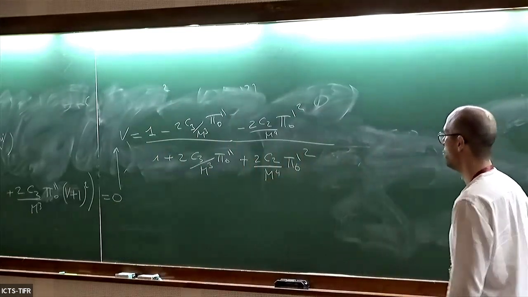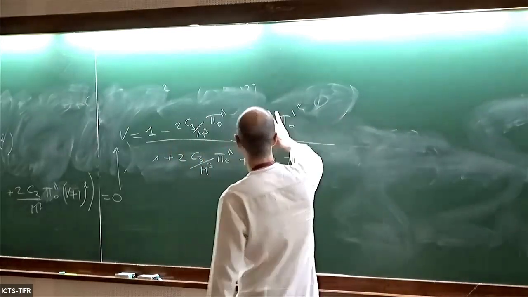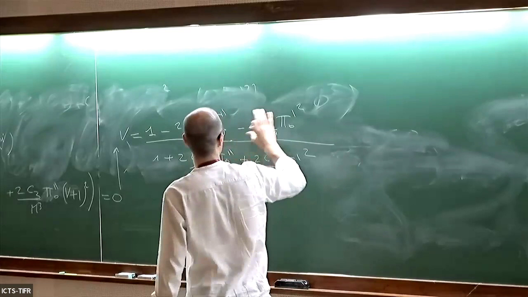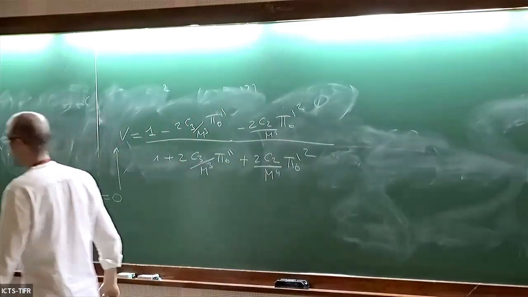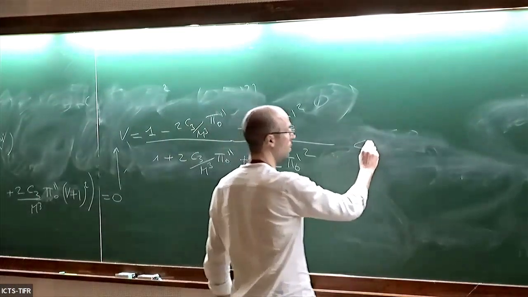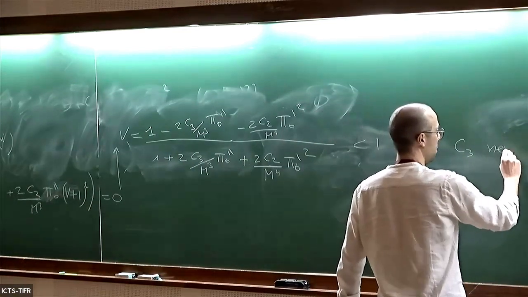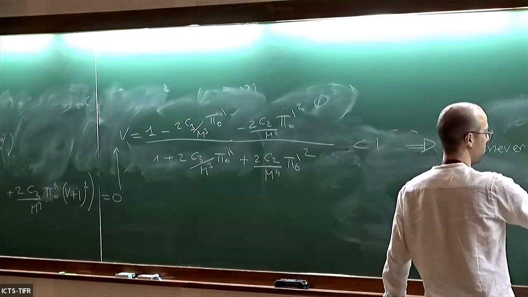So in order to always get positive regardless of what this is doing, you need that this one beats this one. But that's precisely the condition that this one gets beaten by this one. So it's never a good symmetry. As long as you require this is always more than 1, then C3 never dominates.